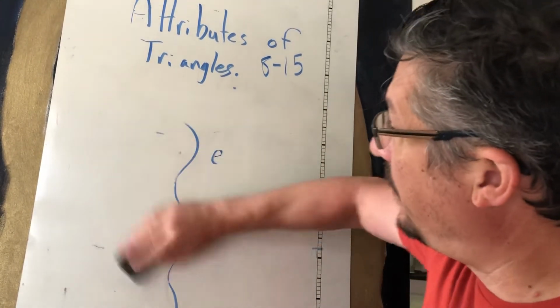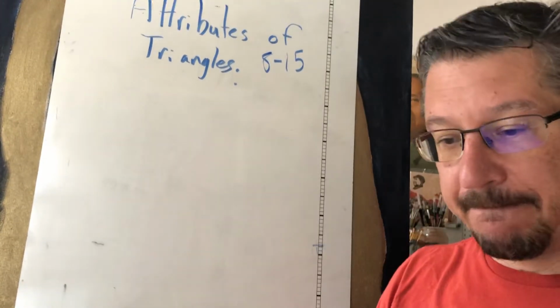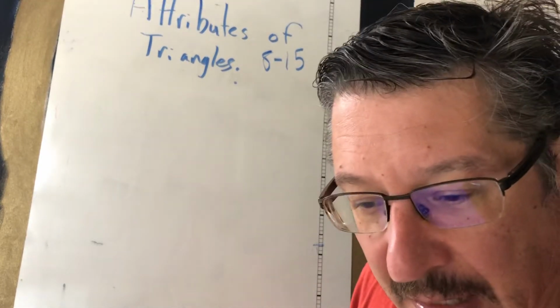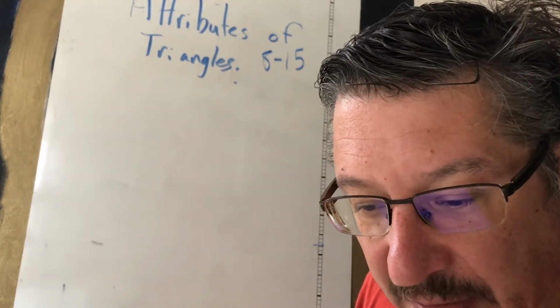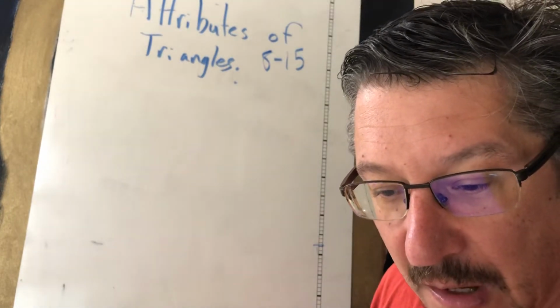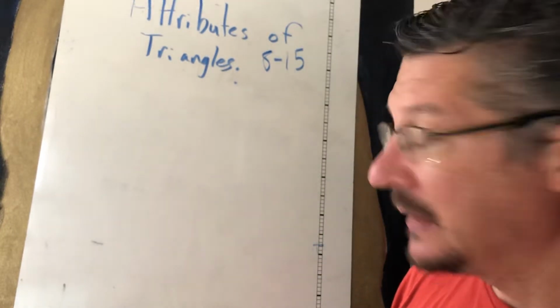But let's do a couple problems. All right, so problem 1. All isosceles triangles are also equilateral.